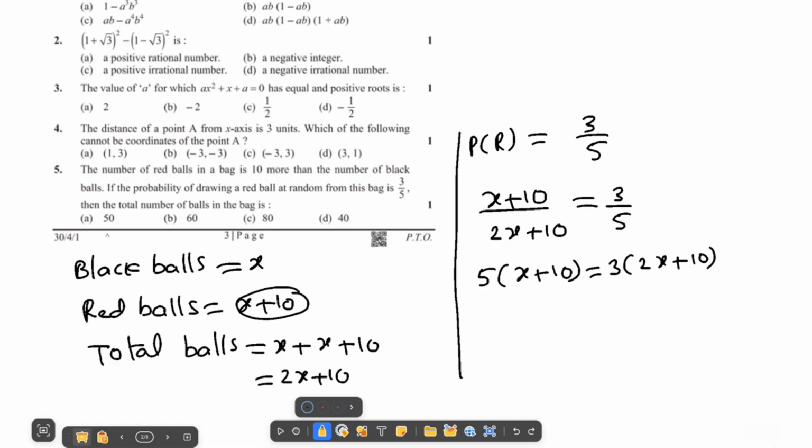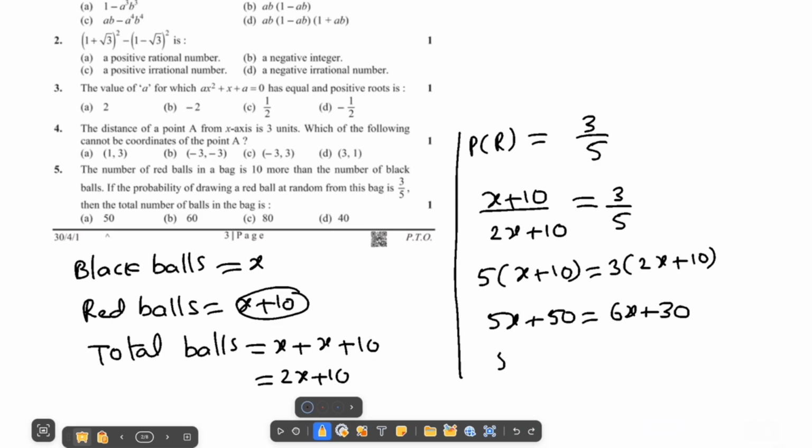Now multiply with 5. 5 into x, 5x, plus 5 into 10, 50, equals 3 into 2x, 6x, plus 3 into 10, 30. So send 5x to the right side and bring 30 to the left side.